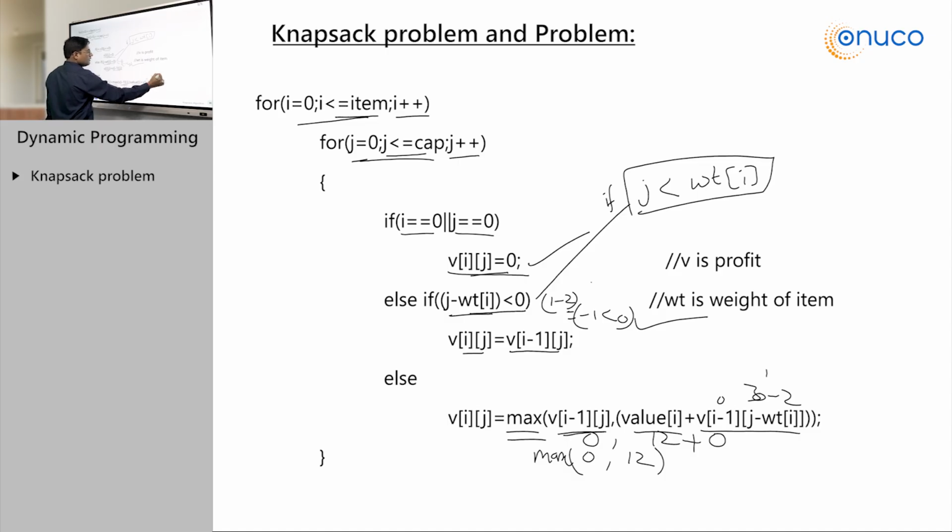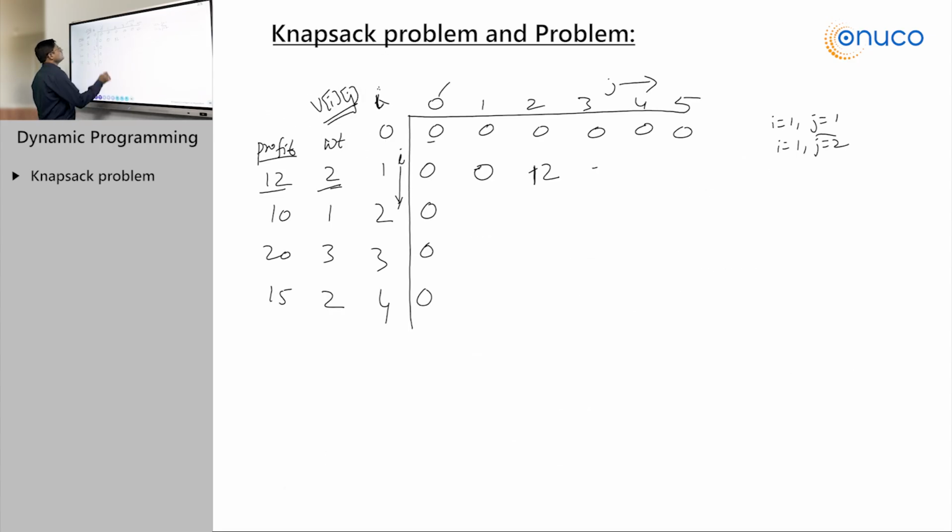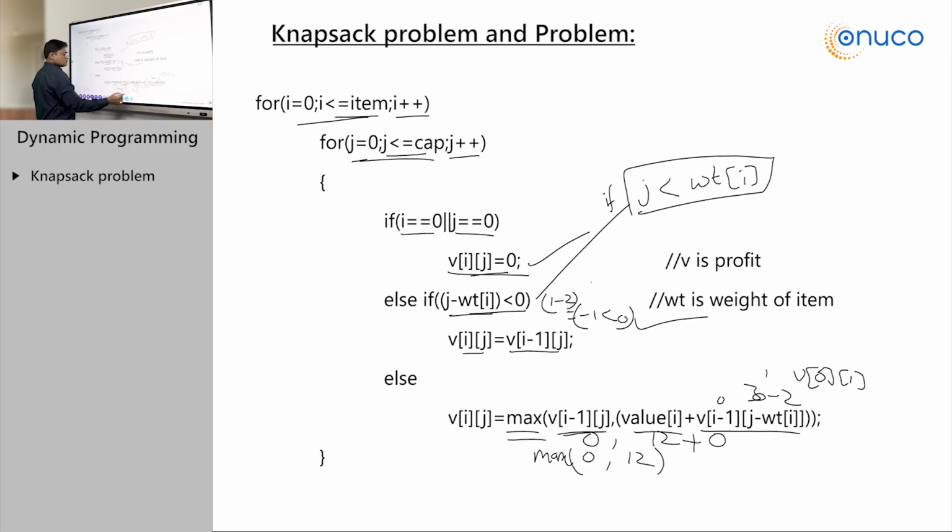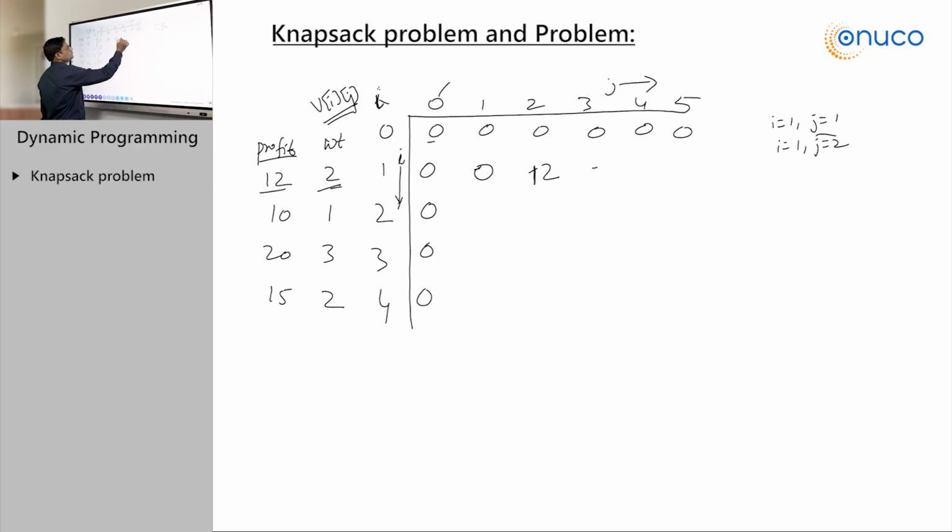So we check V of 0, 1, which is 0. Hence 12 plus 0 is 12. Again you replace it by the same value, 12. Hence from here onwards we are getting 12 only.